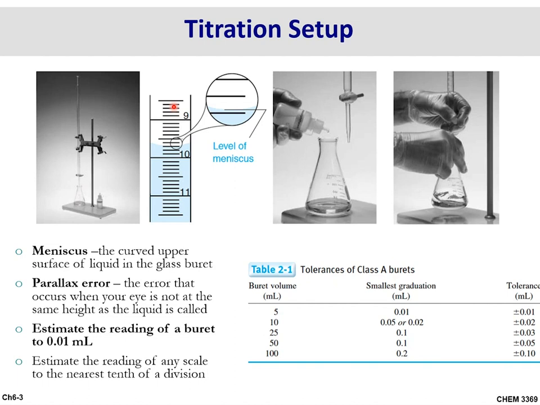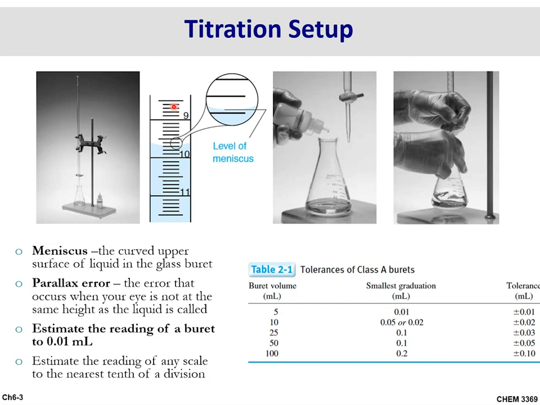Now with a burette, it's possible to deliver less than a drop. In order to do that, you have to open the stopcock very, very slowly until you see a drop hang from the bottom of the burette, and then close the stopcock and touch the inside wall of the flask with the burette.